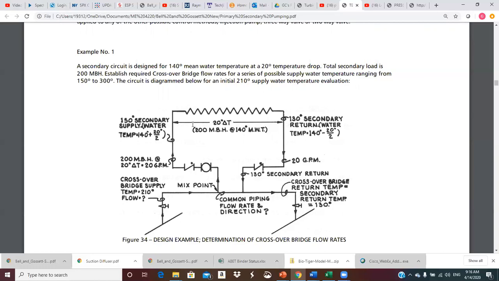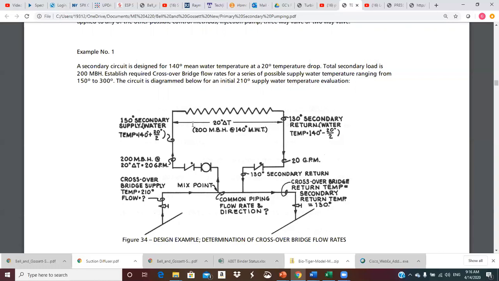So if you take your calculator and take 200,000 BTUs an hour, which would be our calculated load, say from our Carrier program, and divide it by 500, that's our conversion constant, and then divide it by the 20-degree delta T, you get 20, and that 20 is GPM. So that's where they get the 20 GPM that flows through the secondary.